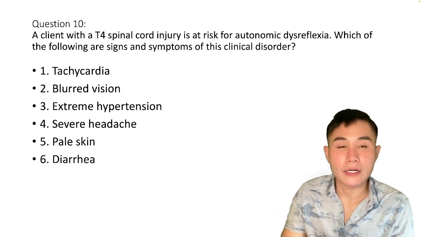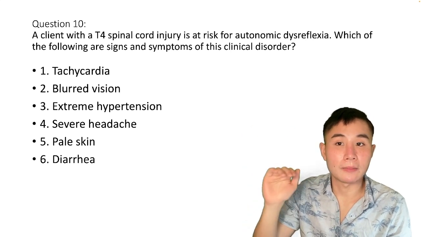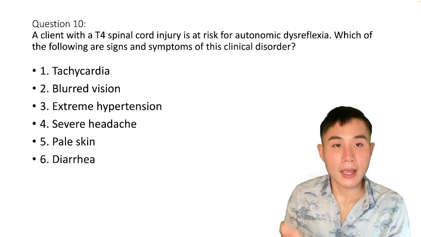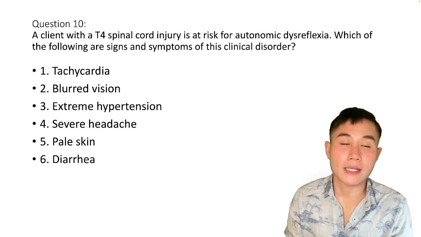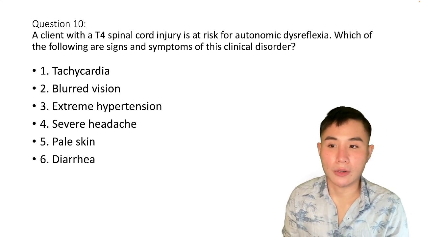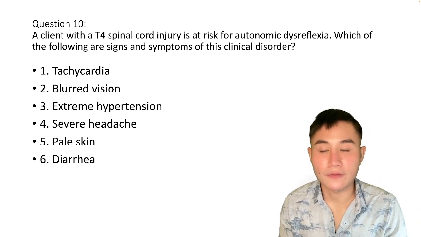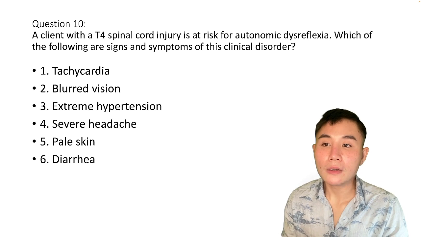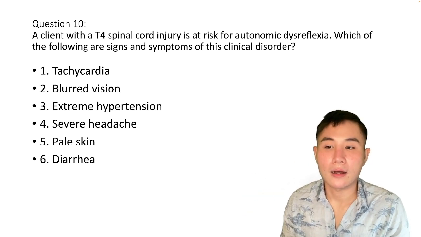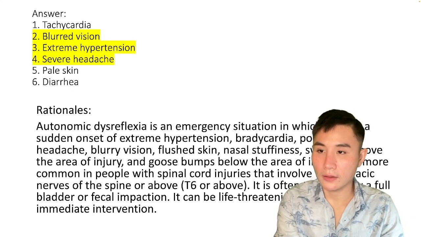So there's a different regulation of the nervous system above the injury and below the injury. Therefore, it leads to these signs and symptoms. Autonomic dysreflexia is a severe, life-threatening situation. So these patients will have extreme hypertension. They also have severe headache. Okay, so tachycardia, extreme hypertension, severe headache. And I think that's it. No pale skin, no diarrhea. So 1, 3, and 4.